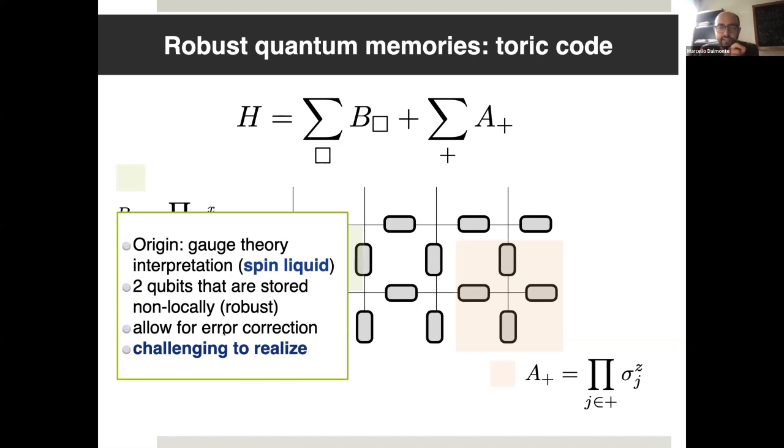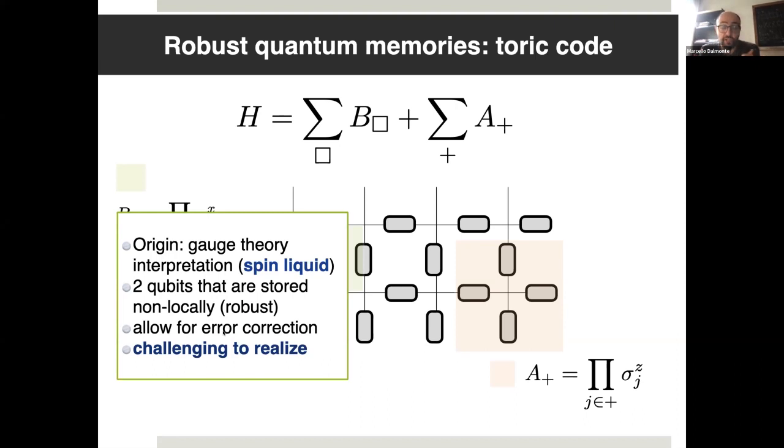The origin of it, if we look at it from a different angle than quantum information, is that the toric code realizes what in condensed matter is called a spin liquid, which is a deconfined phase of a gauge theory. Forget about all these words if you have never heard of them in this context; I will try to introduce them step by step later on. But I would like to point out that there is a very different angle one can take to understand this topological nature.